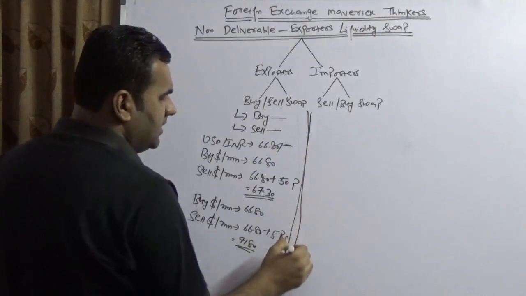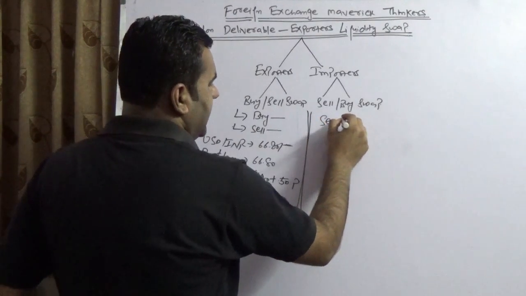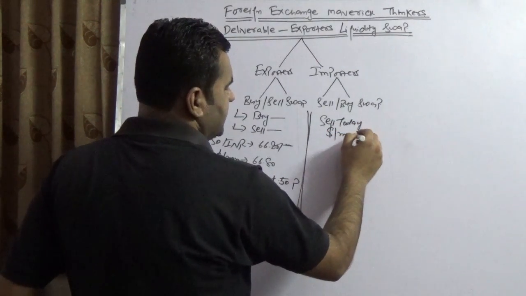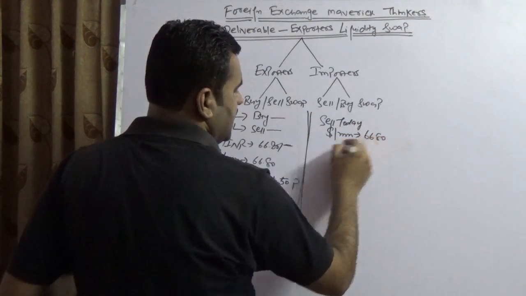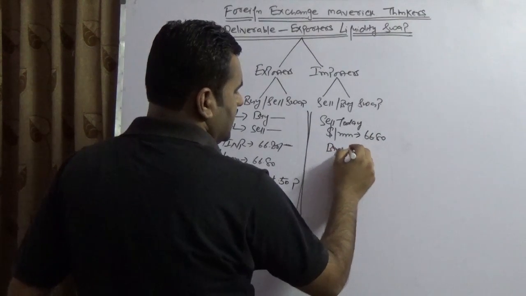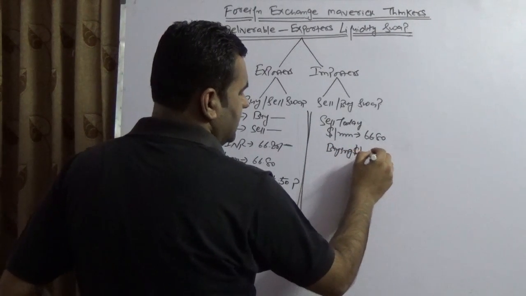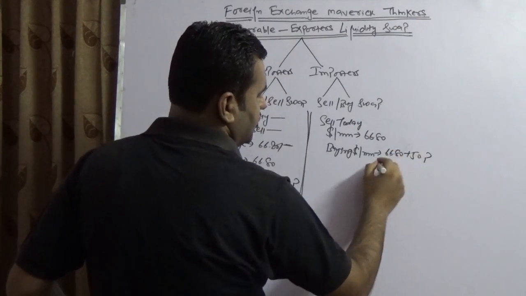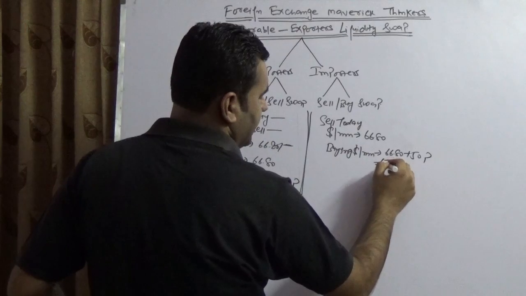Now what would it be? You are selling today, say $1 million, at say 66.80, and you are buying $1 million 1 month forward, so you are paying a premium of 50 paisa. So you are buying at 67.30.